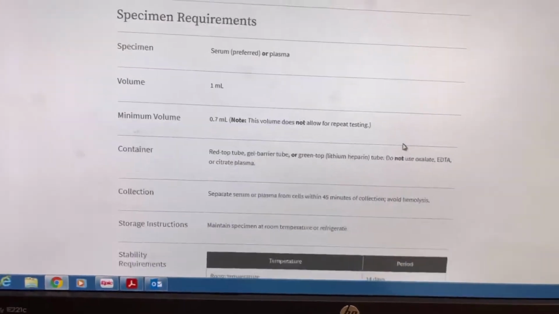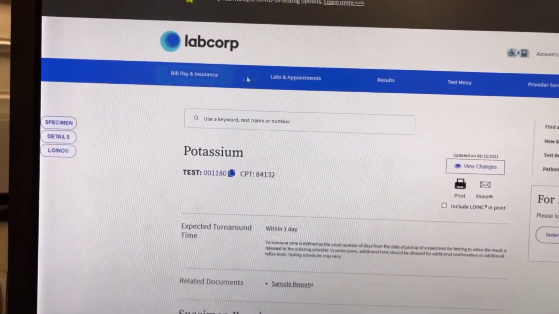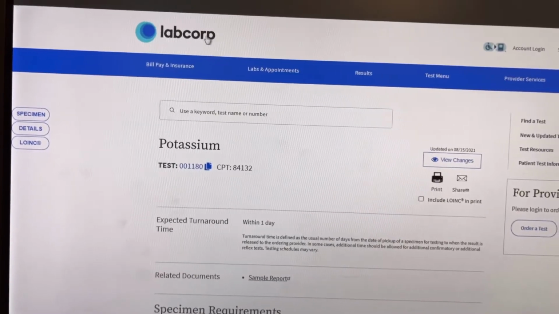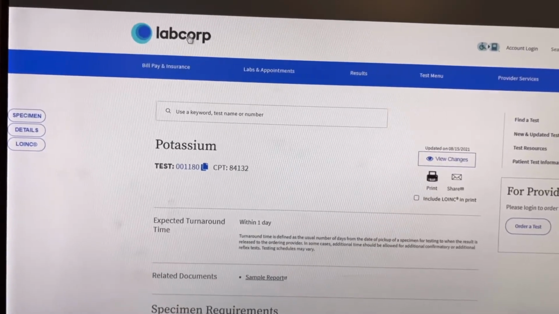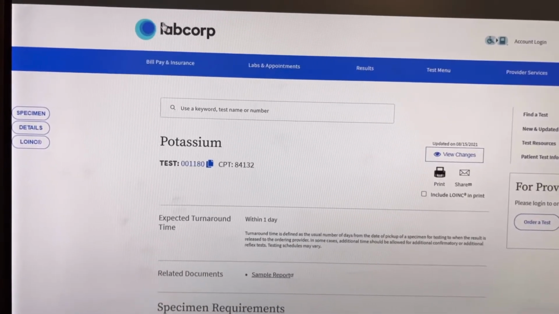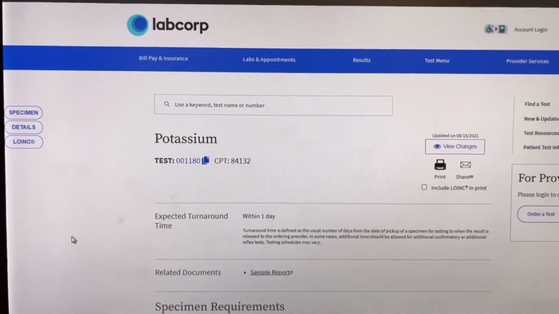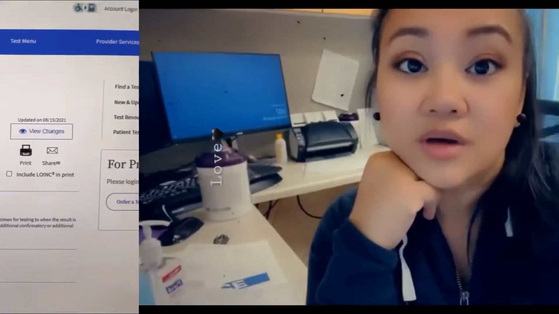Like I said, if you work for Labcorp, go to the Labcorp website, because you gotta follow their rules and regulations and protocols. I do not work for Labcorp. There's Quest Diagnostics, there's Kaiser Permanente. So what I'm saying is that there's a lot of different labs around the world, around here in the States.